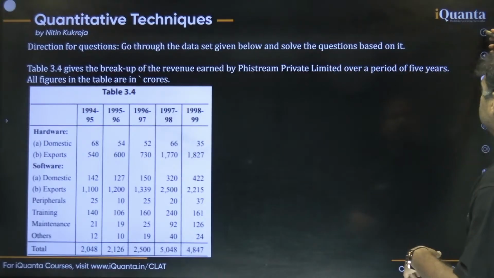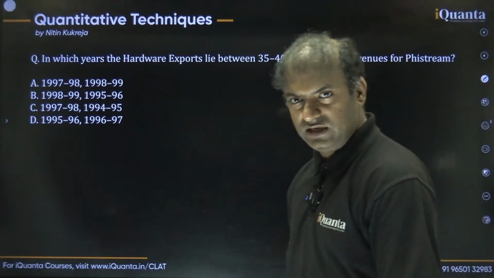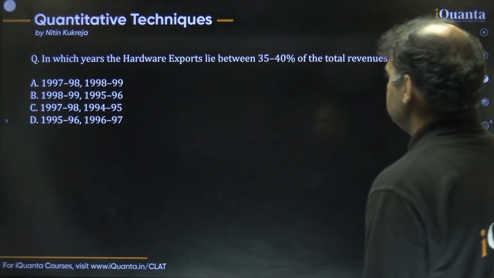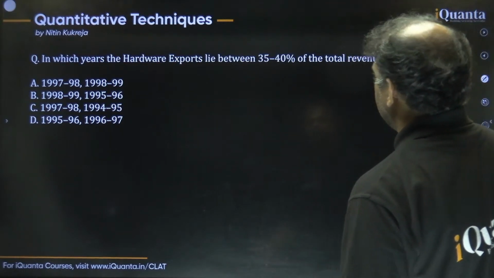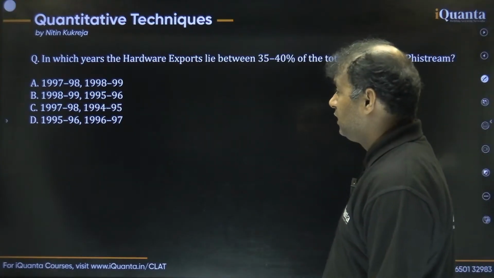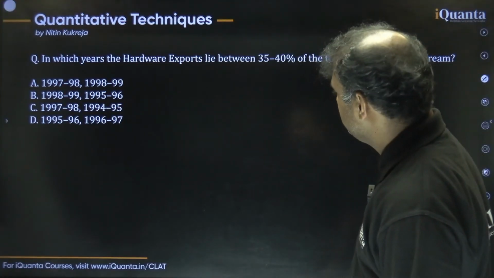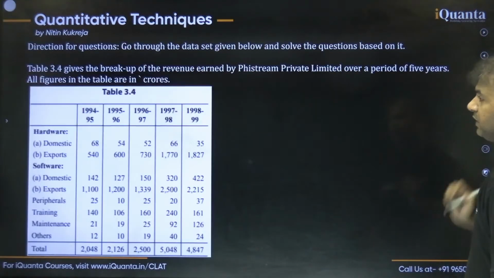Okay, look at the questions. Question number 1. This is what we had done in the last class, but let's cover it again. It says: in which years does the hardware export lie between 35 to 40% of the total revenue for Feestream? Where is that hardware export?